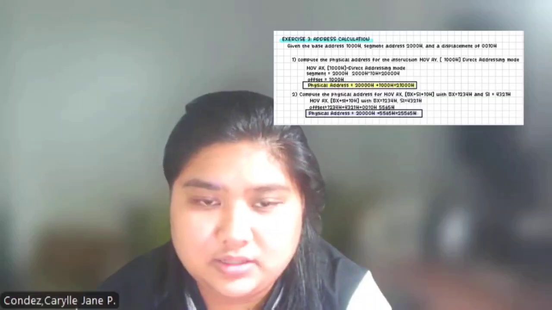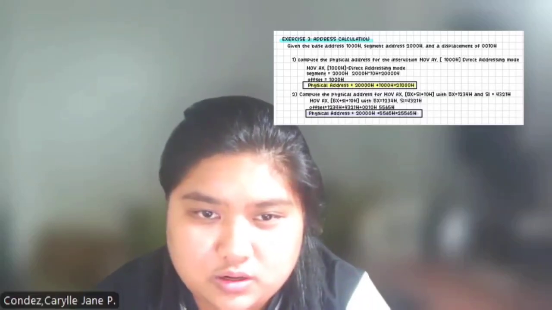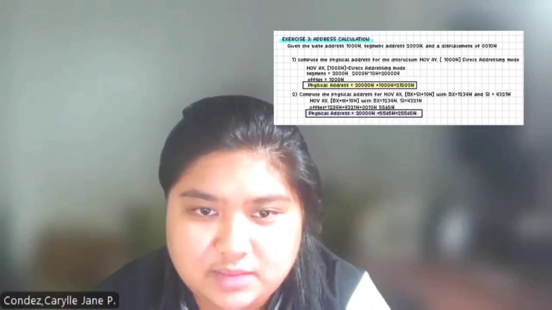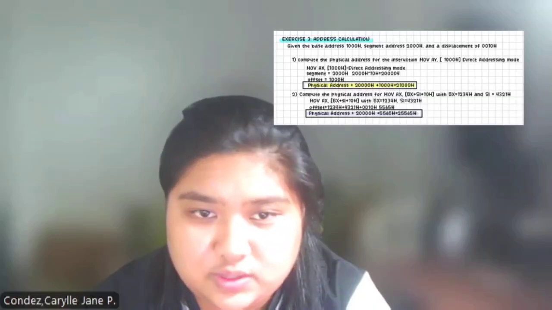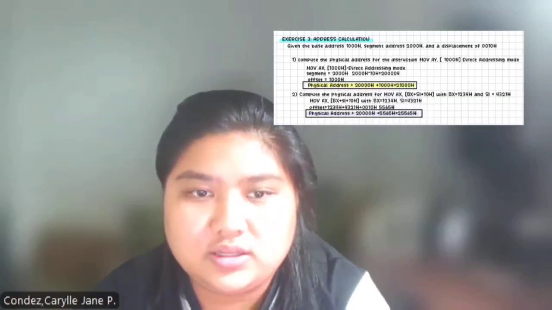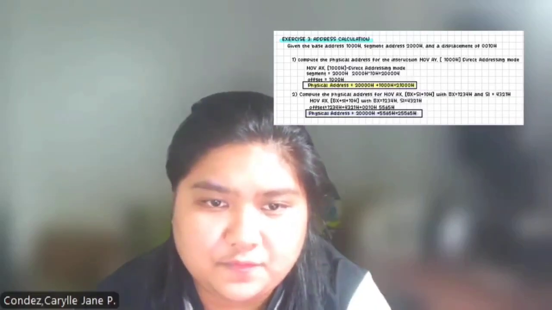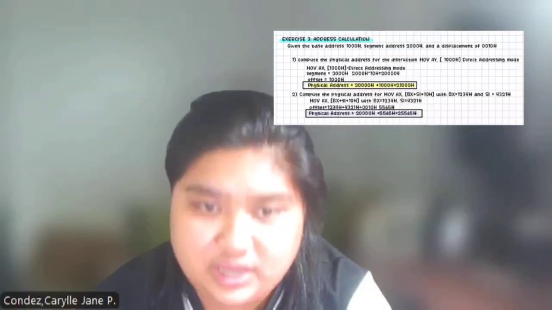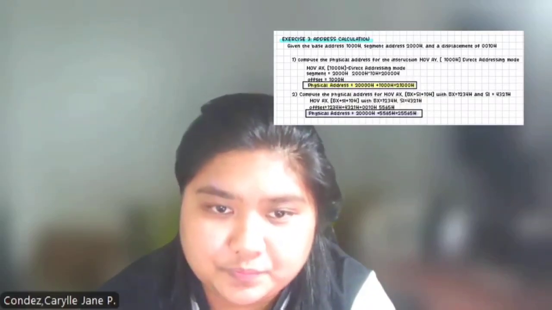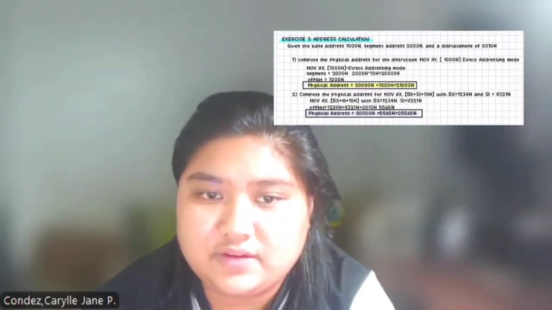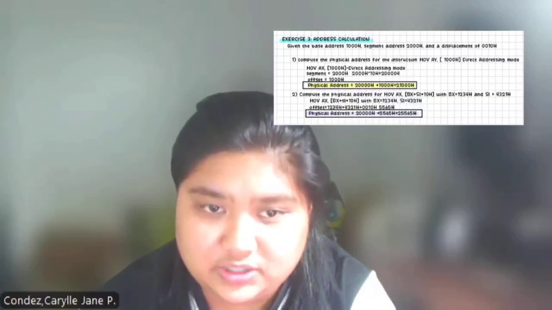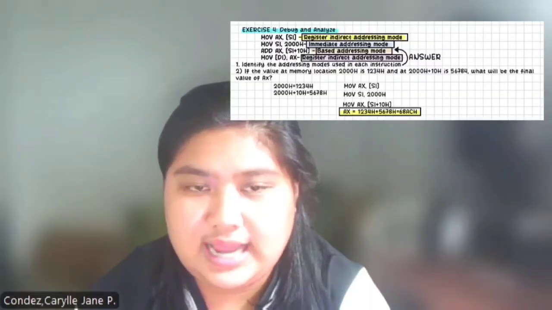Then add the segment, which is 2,000H times 10H equals 20,000H. So 20,000H plus 5,565H equals 25,565H. So for exercise number four, the debug and analyze.